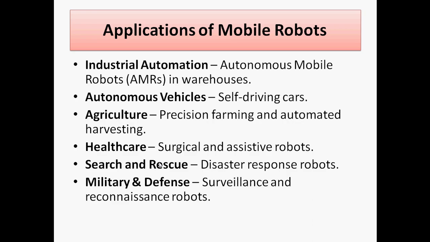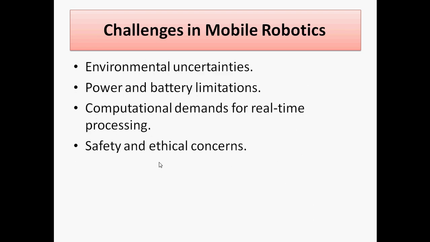In the healthcare industry, we provide assistive or surgical robots with mobile assisted systems. For search and rescue operations, we require mobile disaster response robots. We also require them in military defense for surveillance and emergency conditions, where we can find gaps.